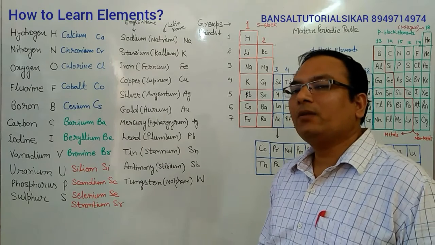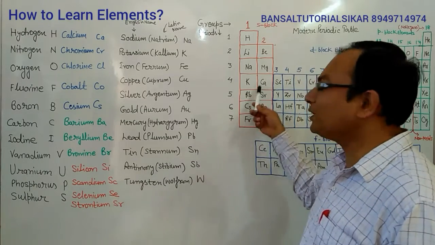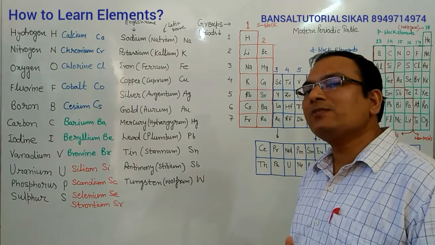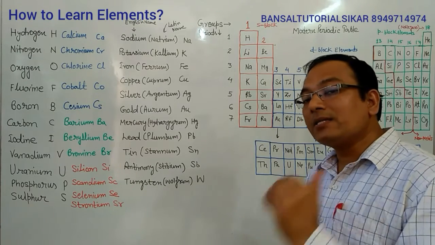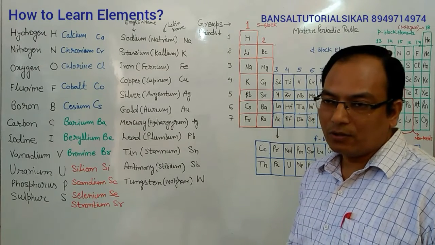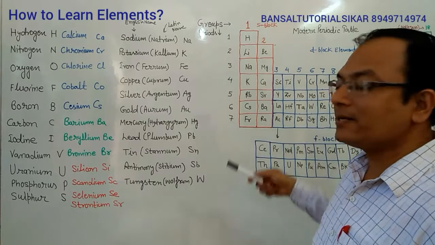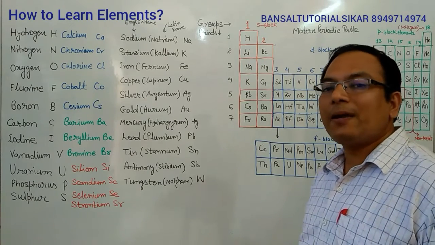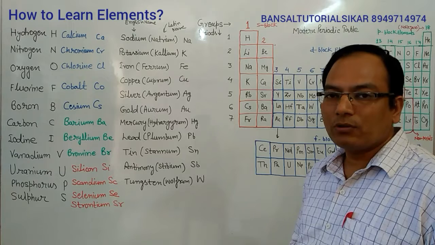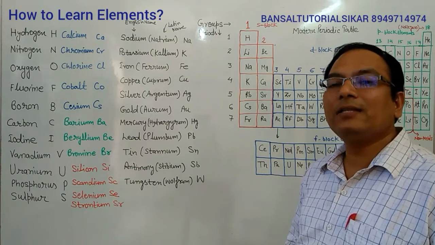Now we will try to understand how to learn these elements sequentially. This sequence will be very important when we discuss chapter number 5, periodic classification of elements. So one by one we will try to learn these elements. And to learn these elements, we have some clues, or we can say some formula, by which we can easily learn these elements.